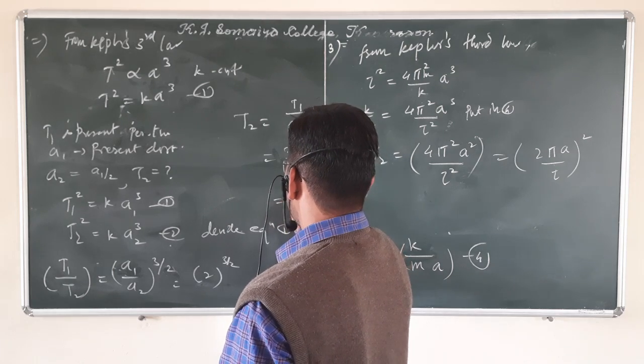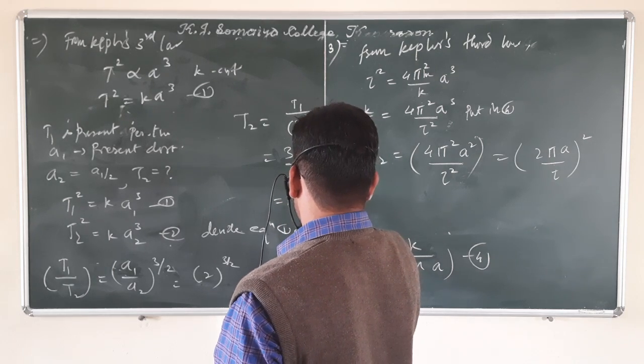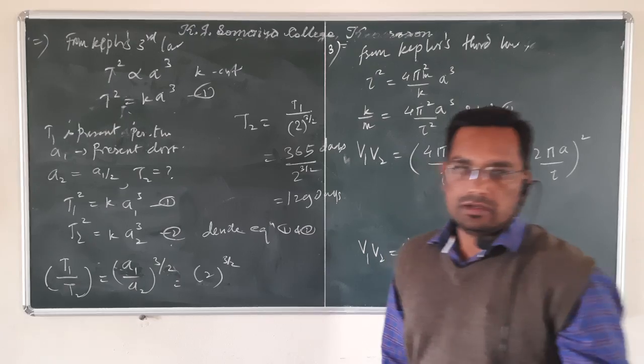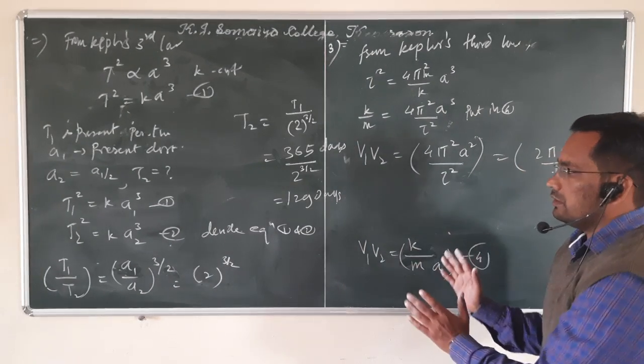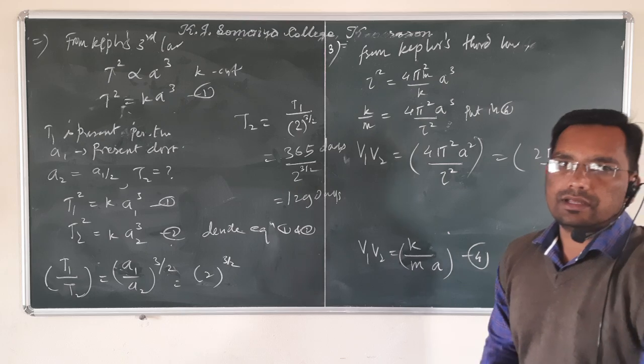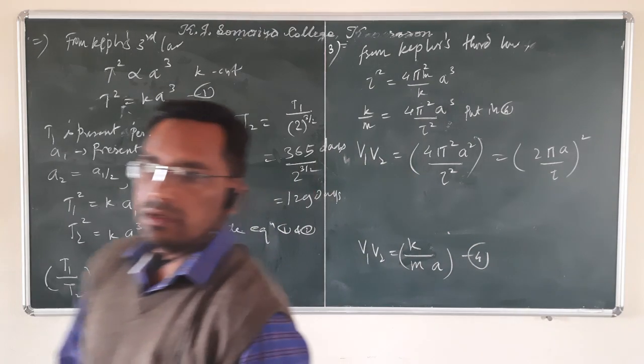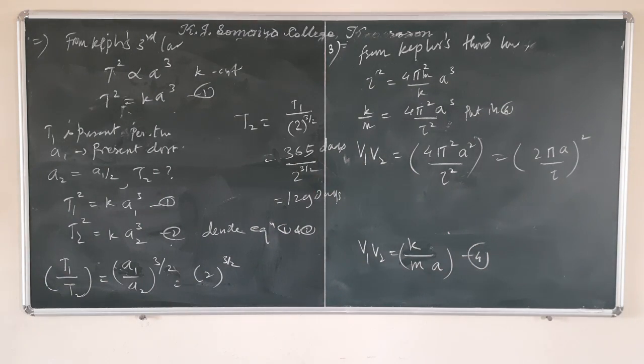If you solve this, the answer is 129 days. So if the present distance is reduced to half, the duration of the year is 129 days. So with this, we finish our problems from this chapter, from this section.